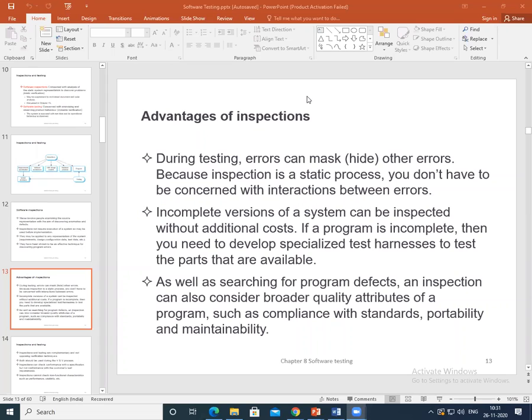Whereas inspection is a static process. You don't have to be concerned with the interaction between the errors.